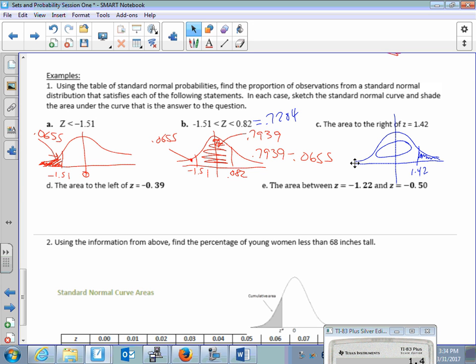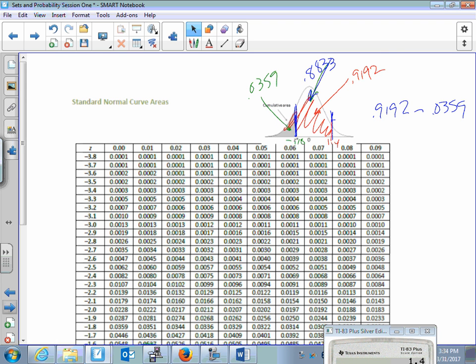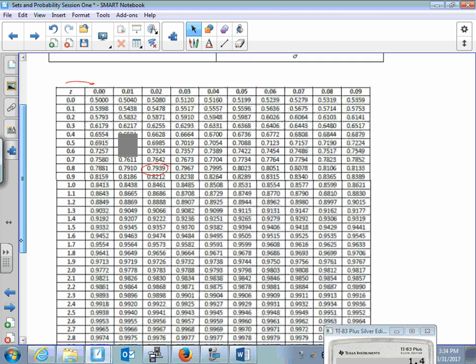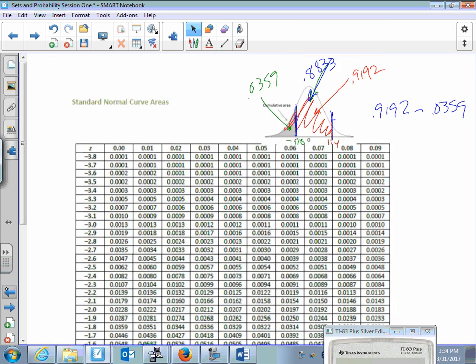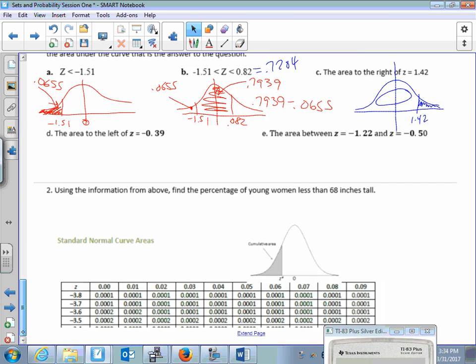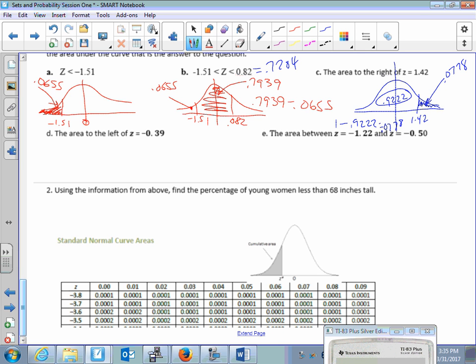So 1.42 becomes 0.9222. So the area we want is 1 minus 0.9222, and that's equal to 0.0778.